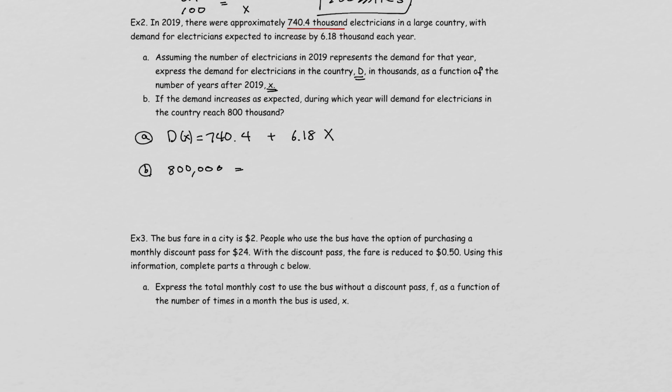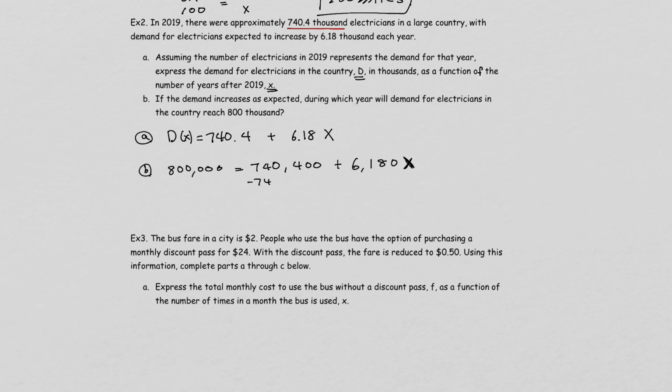So let's just change it so we don't have to write the word thousand. It will become 740,400 plus 6.18 becomes 6,180, right? And we want to know how long after these amounts will become 800,000. So the year is what we're looking for.